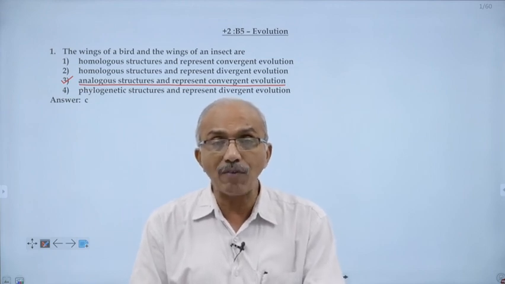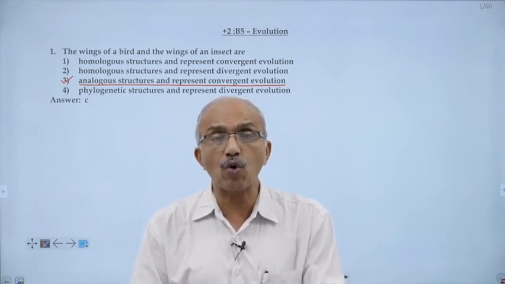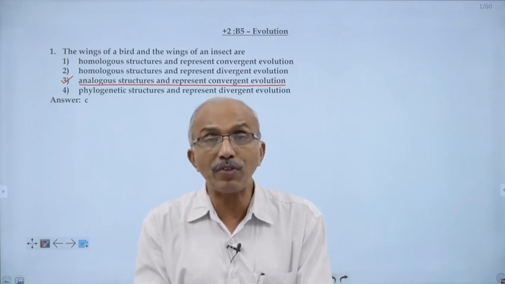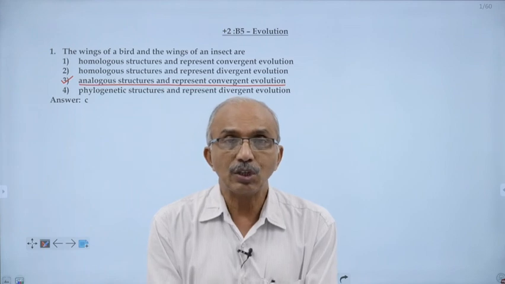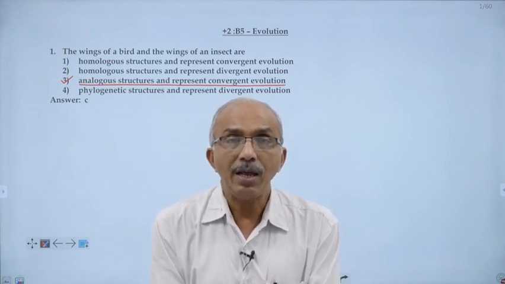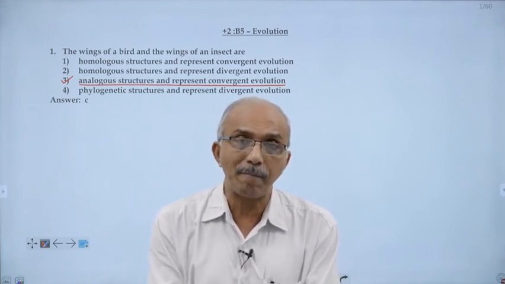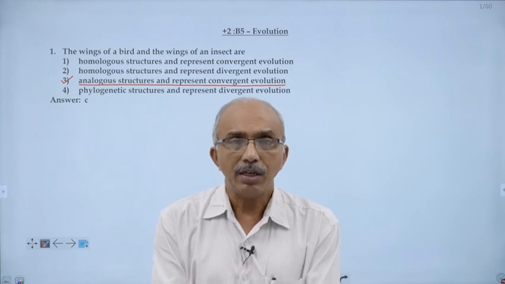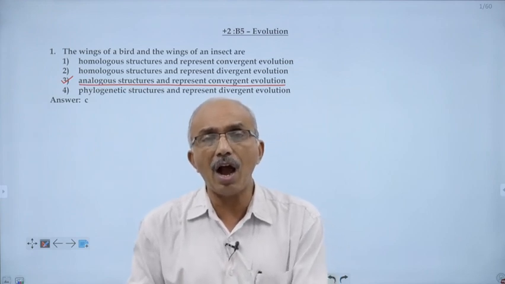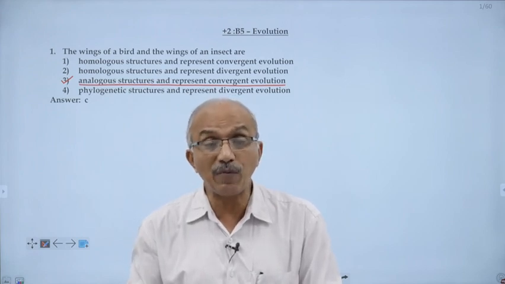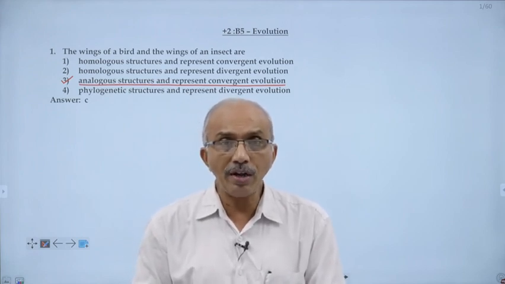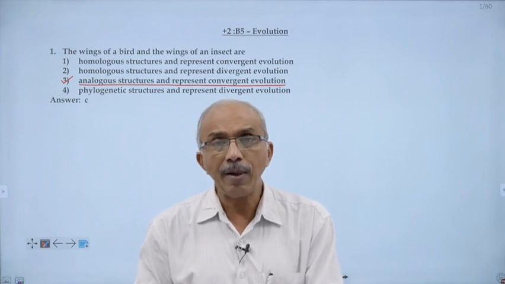Thorn of bougainvillea and tendril of cucumber, both of them have basically the same structure. Thorn and tendril are modified stem. We studied it. Thorn and tendril are modifications of stem, but they do different functions. Thorn is for protection.